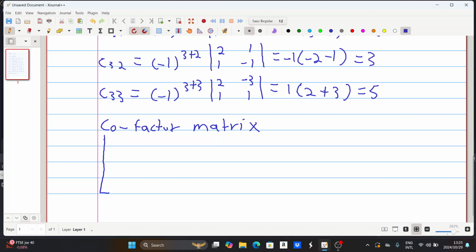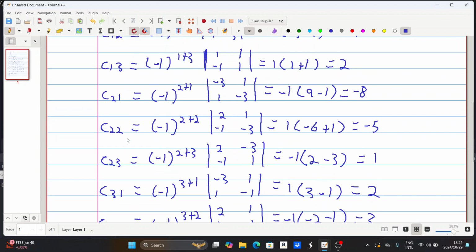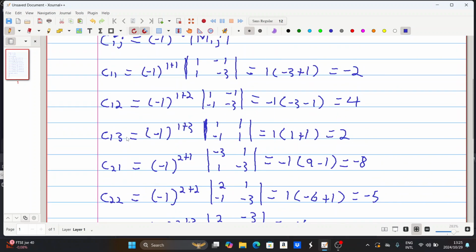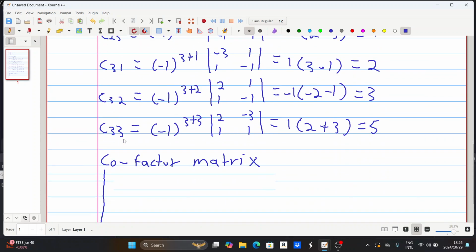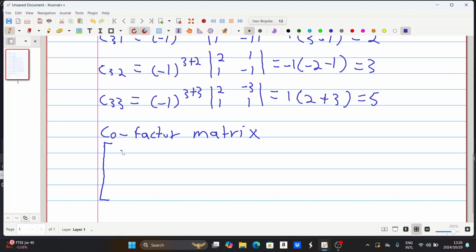So if they say determine the cofactor matrix, we're going to check here. We're going to start from C11, C12, C13. We have minus 2, 4 and 2.